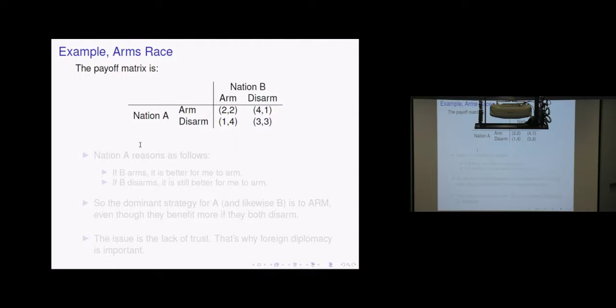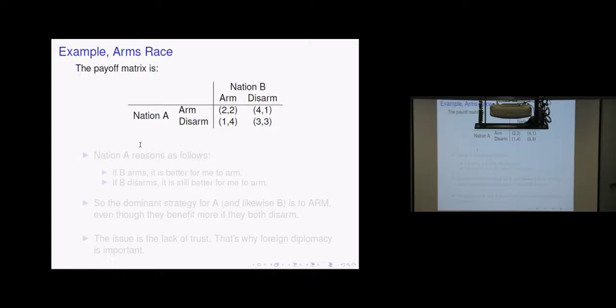Okay. So the example is called arms race. It has the same situation. Now let's look at this payoff. There's nation A and nation B. Each has a choice: arm or disarm. So the payoffs are like this.